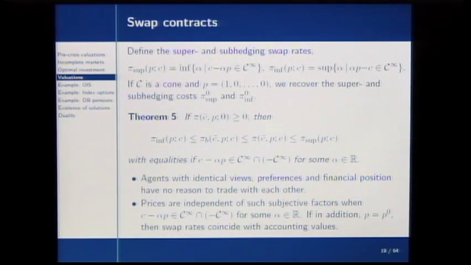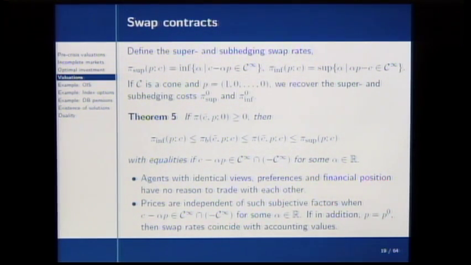To get these arbitrage bounds, you have to be a little bit careful in defining them, because we are looking at non-conical market models. If you want to get these bounds, this is the definition. This is the super-hedging swap rate, and this is the sub-hedging swap rate. They don't depend on the views of the agent, the risk preferences of the agent, or the initial liabilities of the agent.